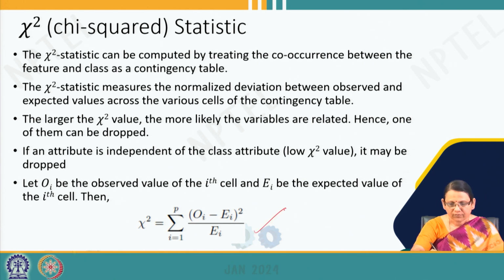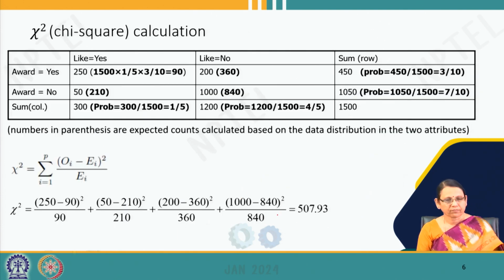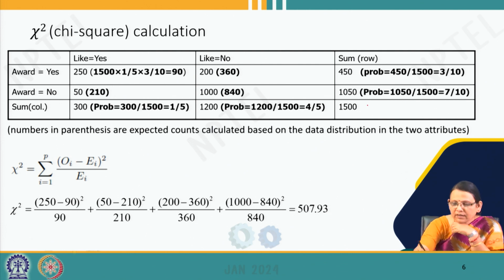This is the formula, and now we will see how to realize it. Suppose our example has a total of 1500 data points. Of course, in the small part that I have shown we have only 14, but assume there are 1500.